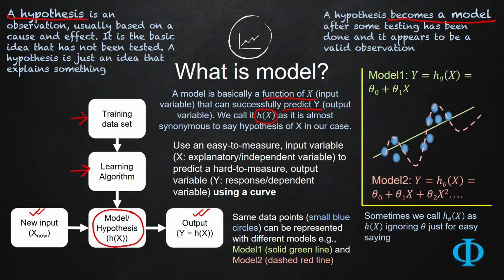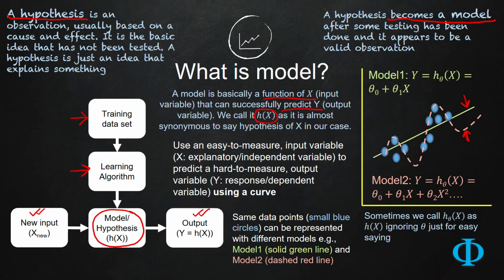Now, a model or a hypothesis can take any type of shape. It can be as simple as a straight line, as you can see in this green solid line, or it can be as complicated as you can see in this pink colored dashed line.